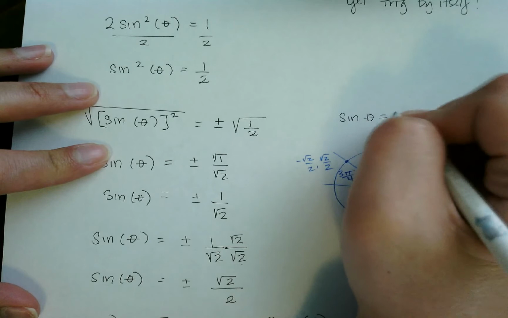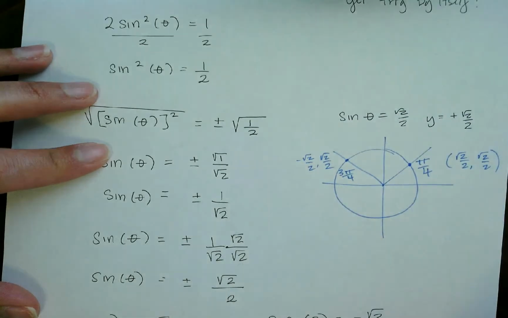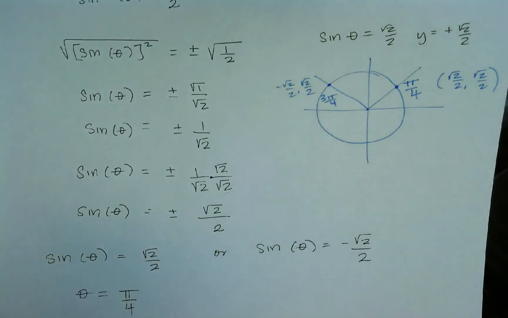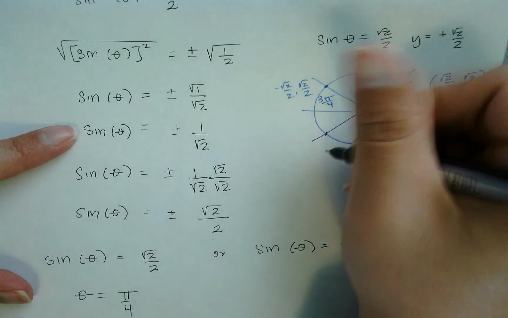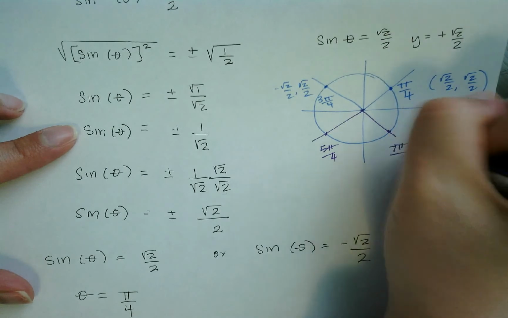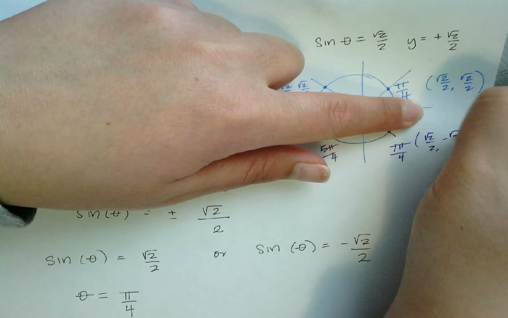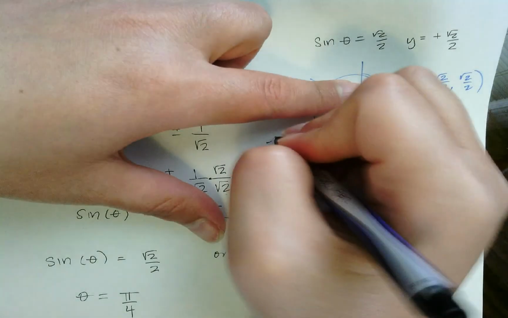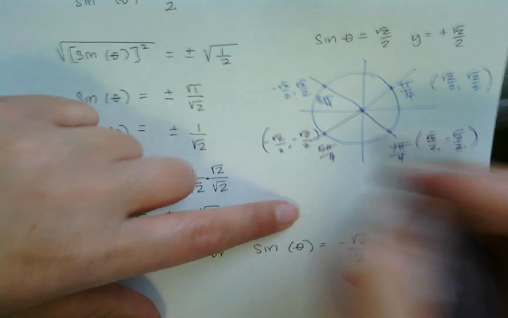Okay. And then down here, I'll do it in a different color. This is 5 pi over 4, 7 pi over 4. I'm just writing down my coordinates. This is where sine of theta equals negative root 2 over 2. So y is negative.